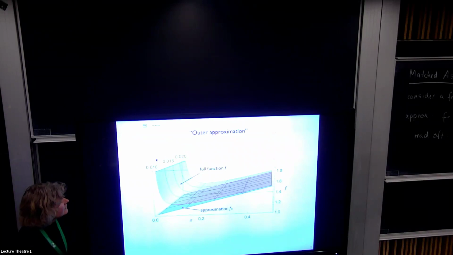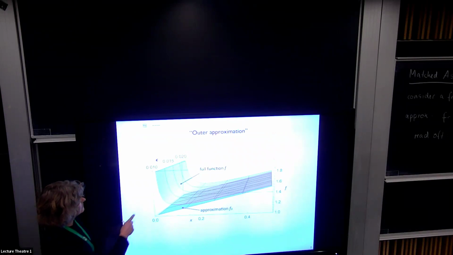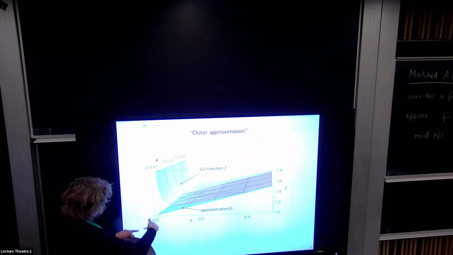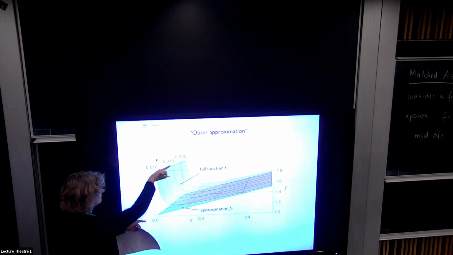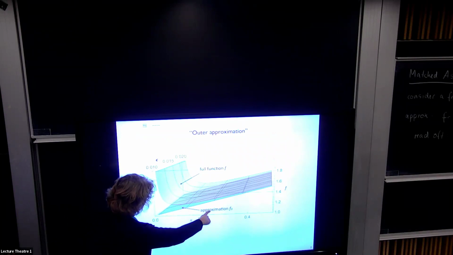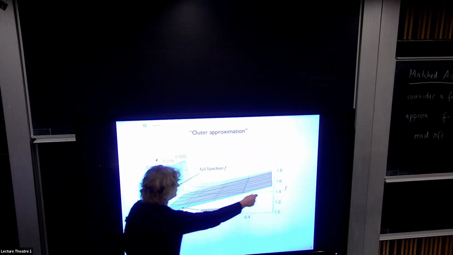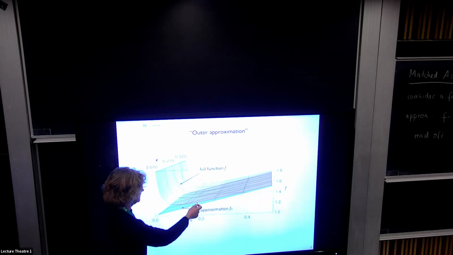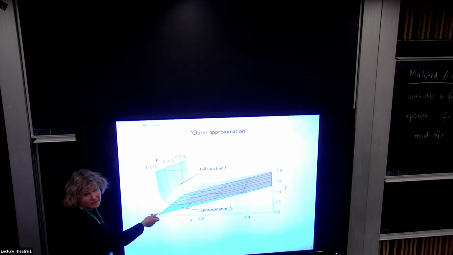The full function f, if we plot it versus x, and epsilon is the direction going into the board, we see this f0 approximation works really well for large x, but then it starts to break down as x gets small.